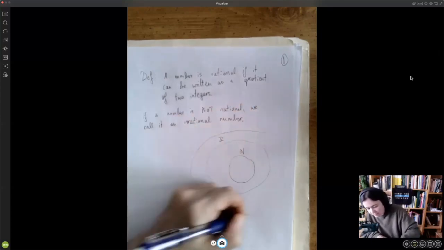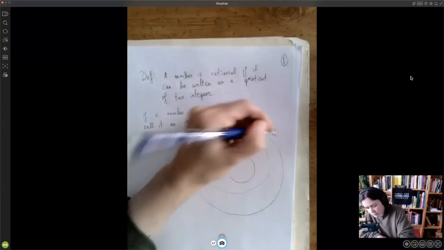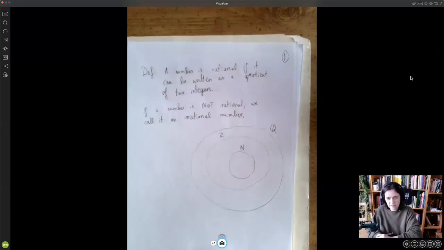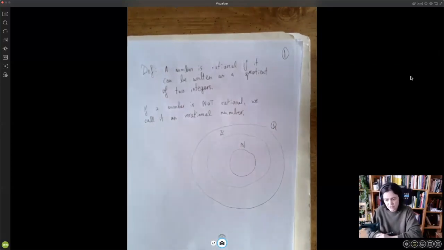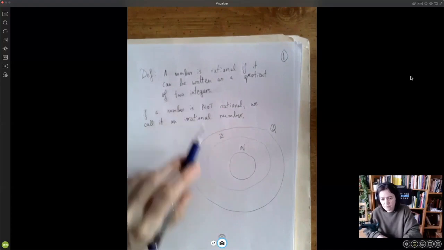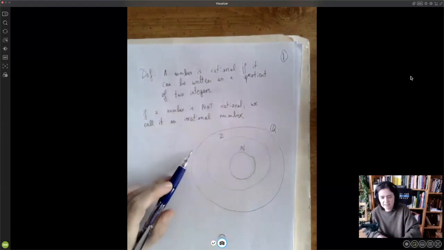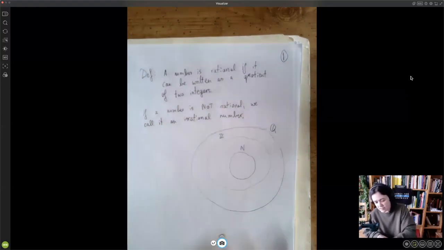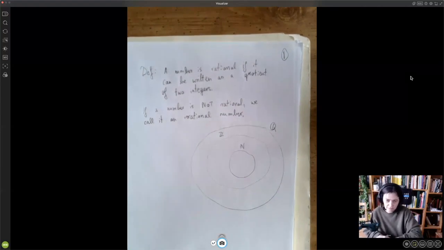When that was fixed, we got the set of all rational numbers. You can think of them as fractions or fractions and integers. Every integer is a rational number because, say, the integer 5 can be written as 5 over 1. So the set of all integers is a subset of the set of all rational numbers.